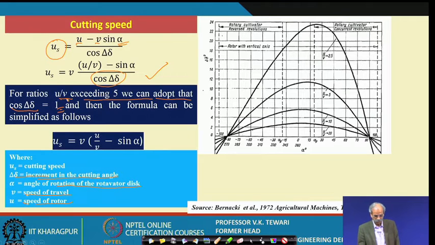Because this angle alpha has a variation with respect to this delta, when we want to consider alpha and delta, we need to look into this particular table. This data is already available, and once we have chosen accordingly, we can look at the value of alpha and from here we can find out the cutting speed.